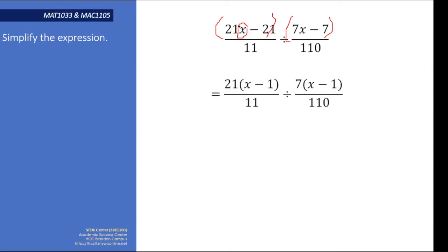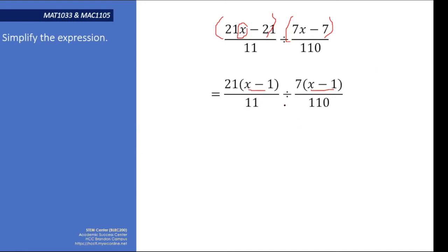And so we notice that for the left fraction, we have 21 as the greatest common factor, and the right one, the numerator, has the greatest common factor of 7. So we take that out, and we notice we actually have the same expression here and here, x minus 1.